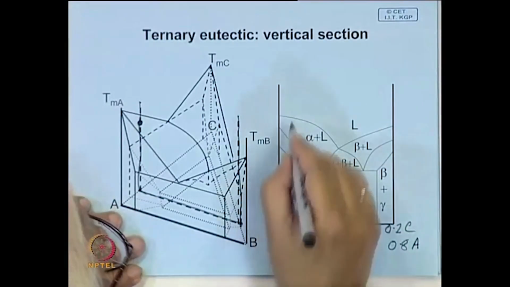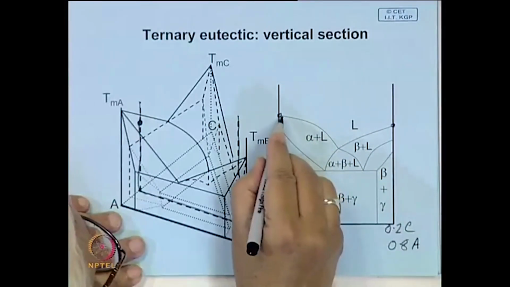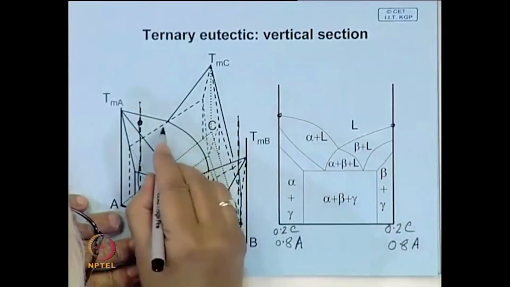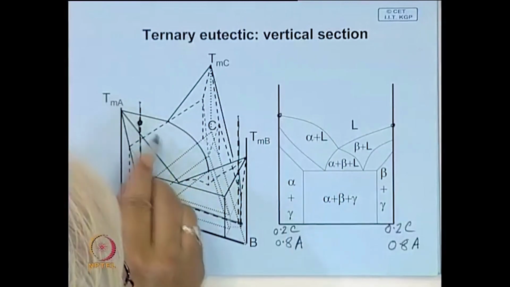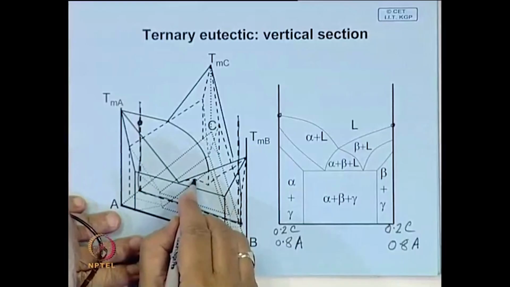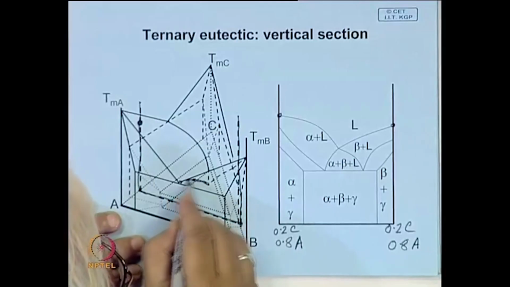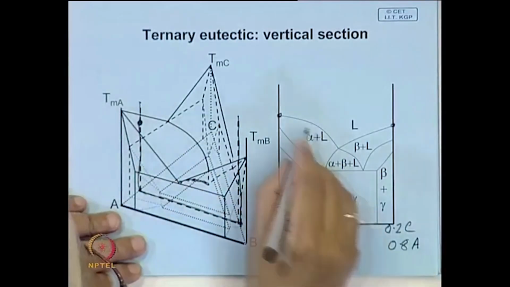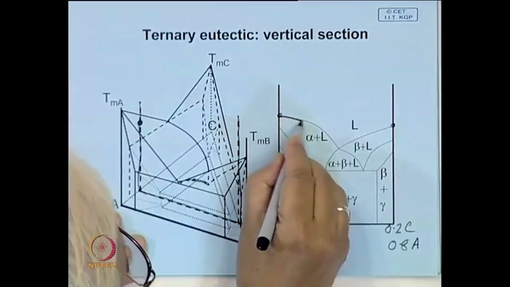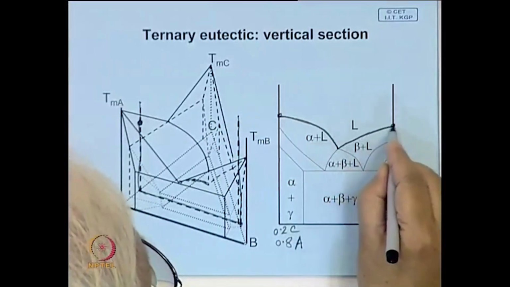Now, this point we can easily visualize, and then these two liquidus lines will drop down like this. This also will come like this and meet somewhere along that curve where both the surfaces are meeting. So, these two are easy to visualize.